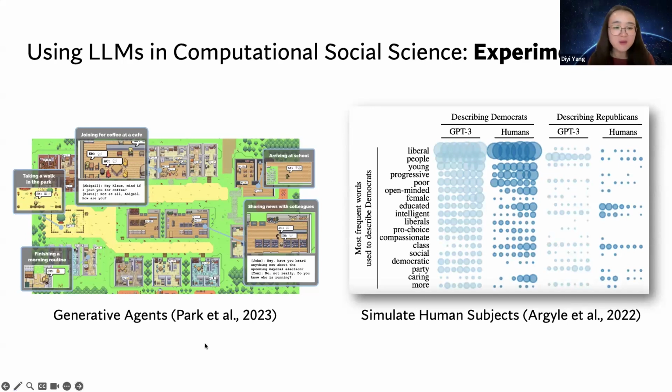That is, they set up around 20 generative agents living in a village, and then tried to study any emerging social behaviors there. And then on the right, researchers tried to use GPT-3 to simulate how a certain participant might respond to a survey question.